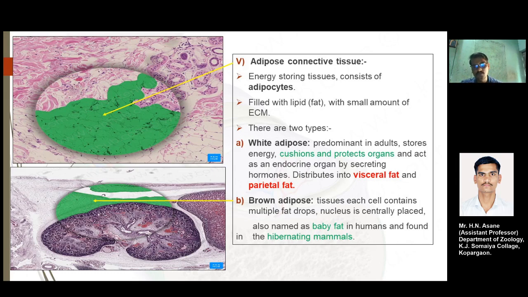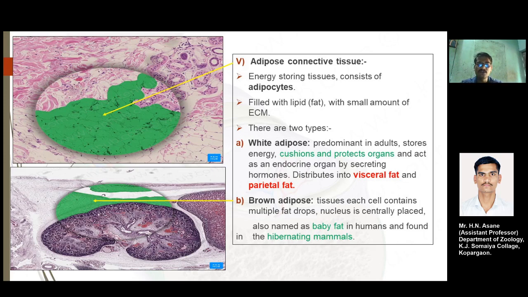What happens in severe cold is that these brown adipose tissues generate a lot of heat. If you keep a baby naked at 0 degrees Celsius, the baby shivers and generates heat from this brown adipose tissue, and hence it is known as baby fat in humans and other mammals.